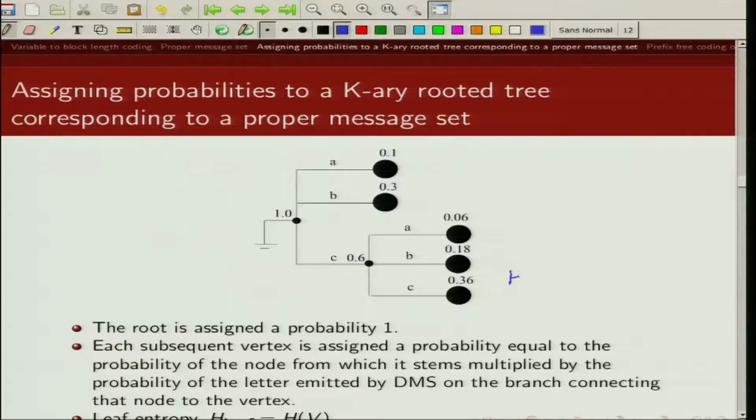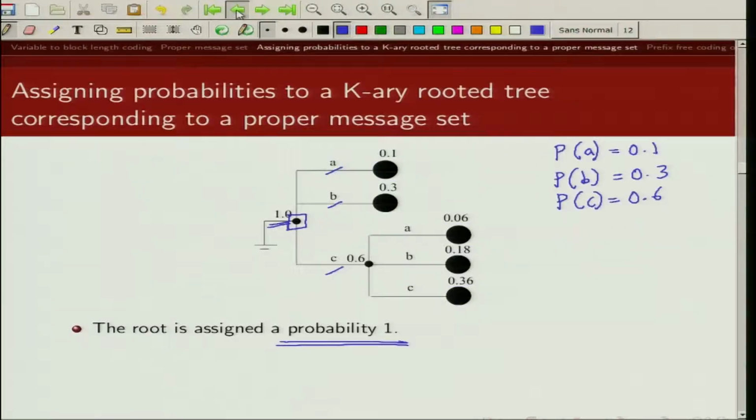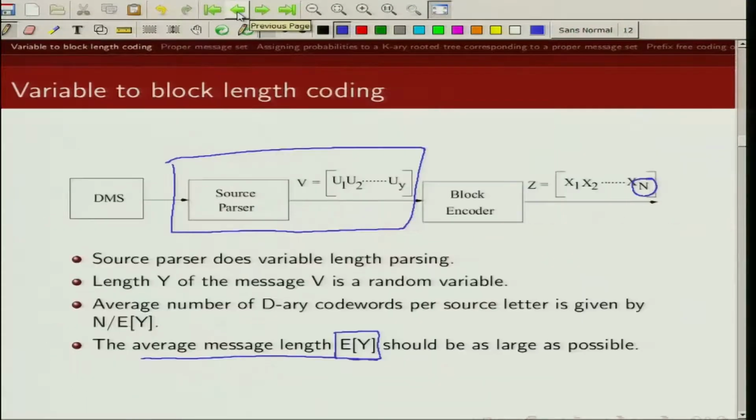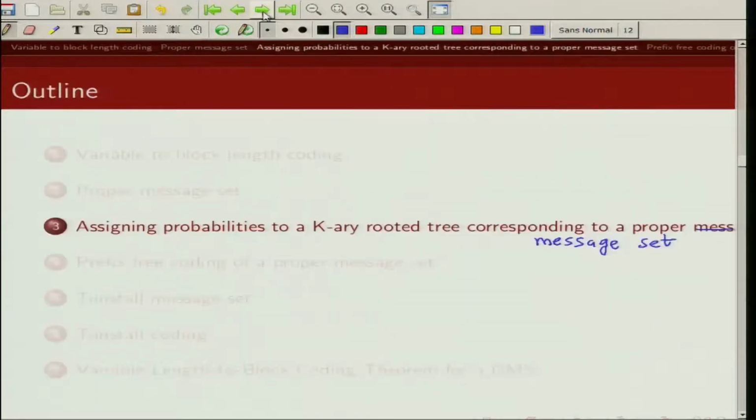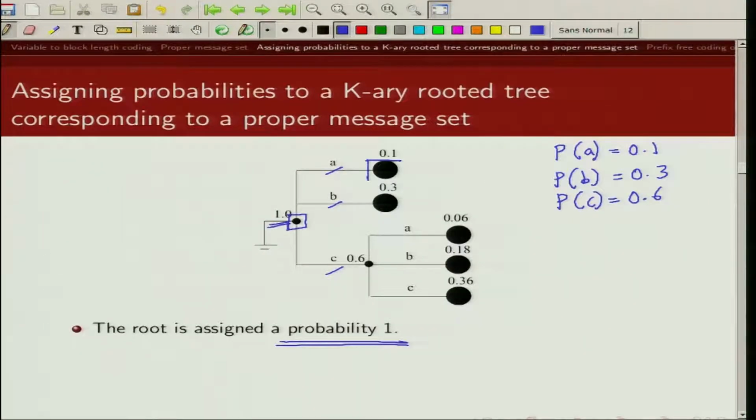And we can write down that leaf entropy is nothing but H of V. Note, what is our V? V is the output of the source parser, right. And what are these leaves denoting? This is my parse sequence A, B, C A, C B, C C. That is how I am parsing my message sequence.